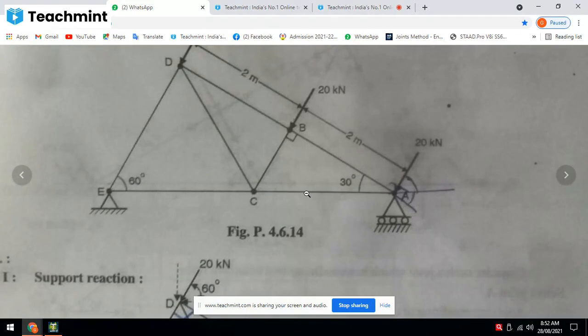AB is 2, so AC dash is 2 into cos 30. It will be 1.73, so this will be 1.73 and vertical will be 1 meter. So ordinate of B is 1.73.